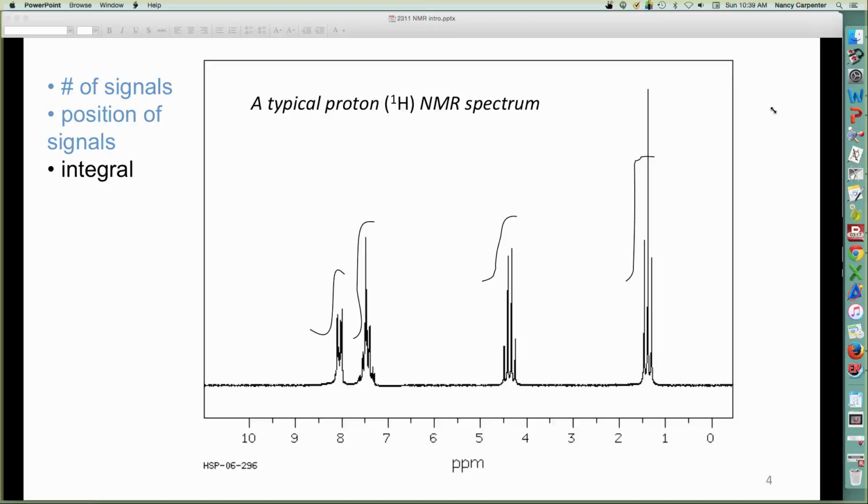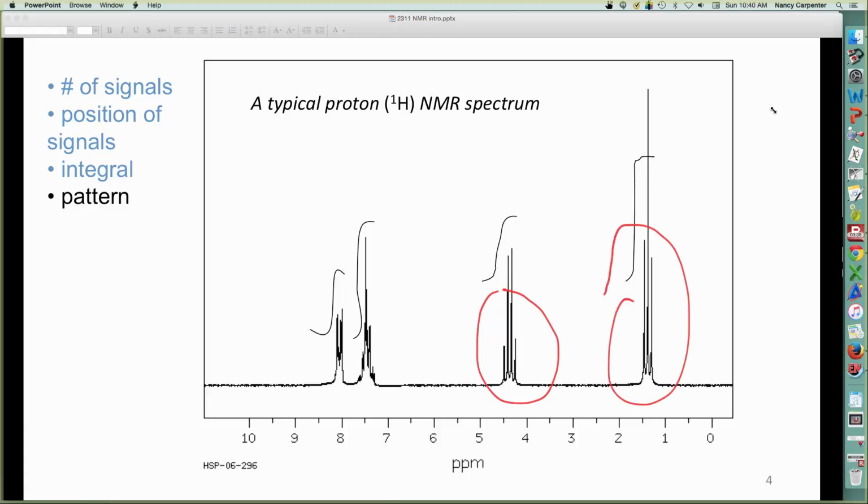You see these squiggly lines here. These little squiggly lines above each set of peaks are called integrals for obvious reasons, and that tells you how many hydrogens are associated with each set of signals. You also undoubtedly are noticing that this looks like 4 lines.